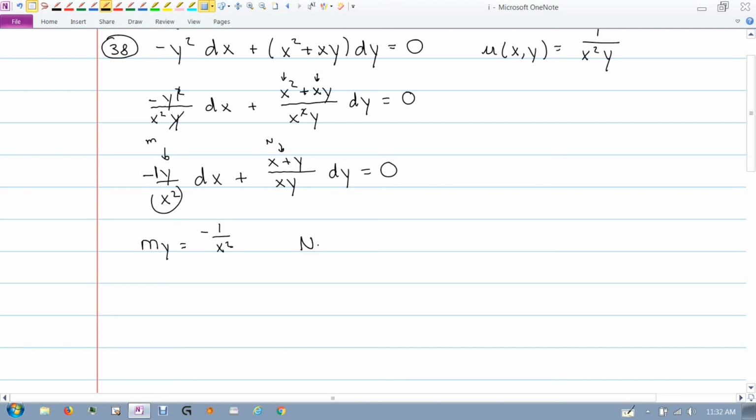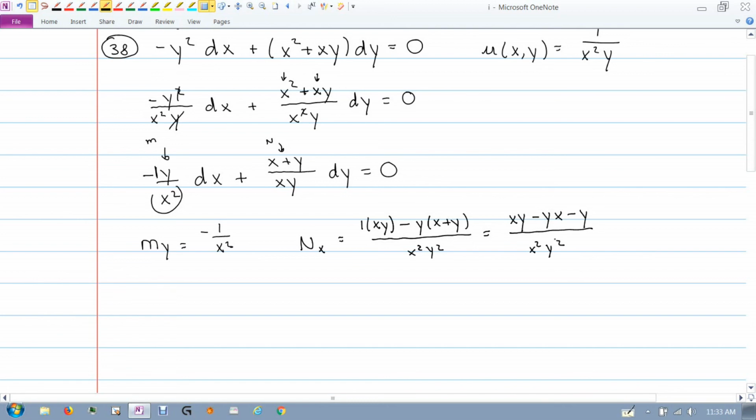Now the partial of N with respect to x, well, that's a little quotient rule. So derivative of the top with respect to x is 1 times the bottom, minus derivative of bottom with respect to x, which is just y, times the top, x plus y, and then all over the bottom squared, x squared y squared. And this is going to be xy minus yx minus y all over x squared y squared.